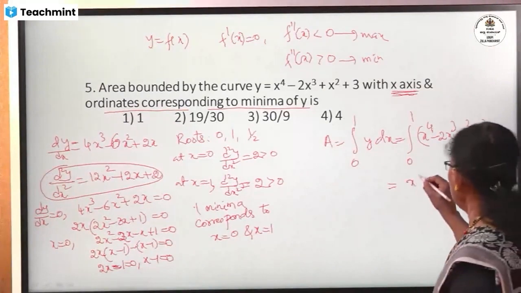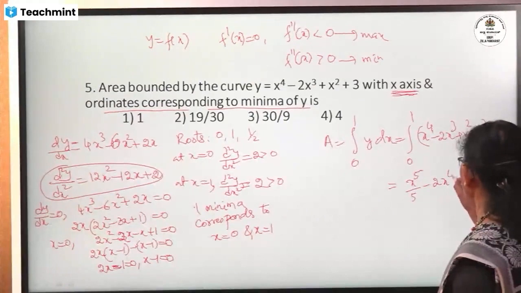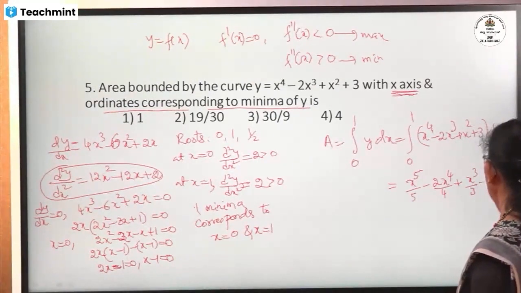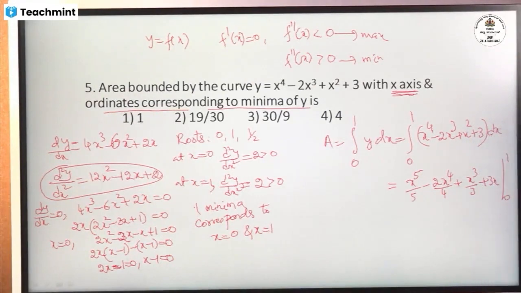So this is x power 5 by 5 minus 2x power 4 by 4 plus x cube by 3 plus 3x, varying from 0 to 1. So this gives me 1 by 5 minus 1 by 2 plus 1 by 3 plus 3.